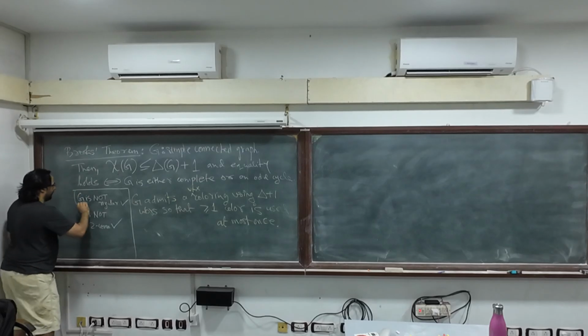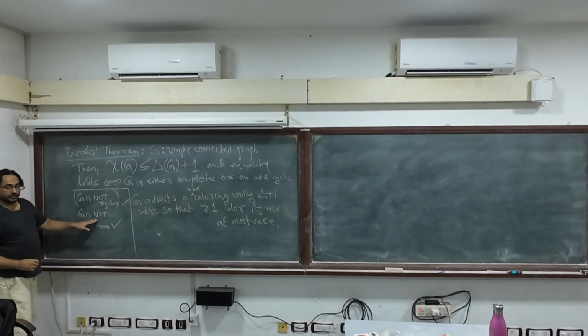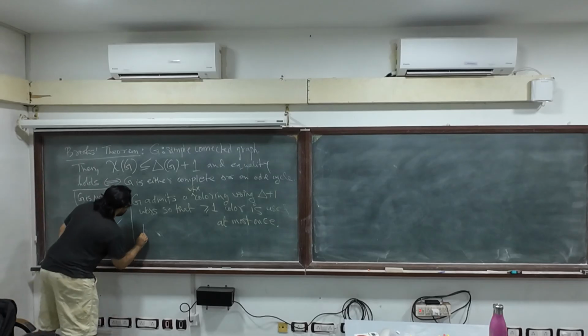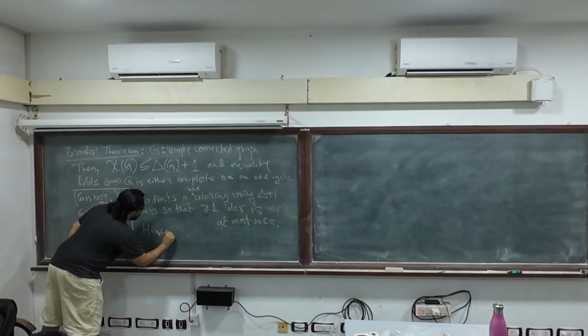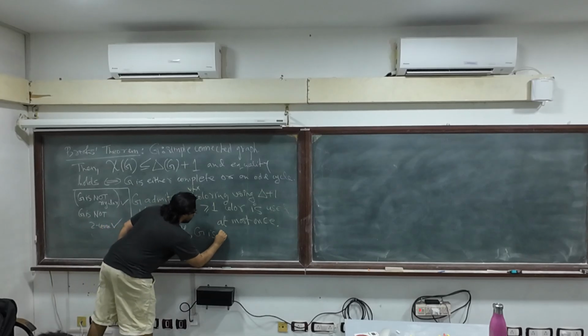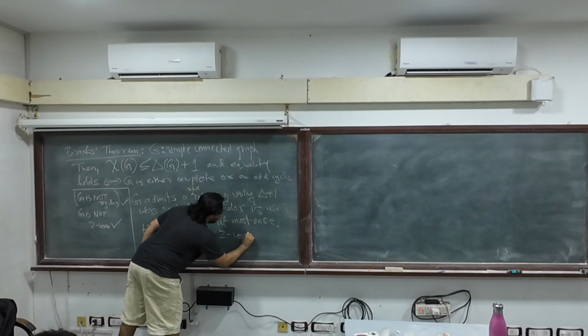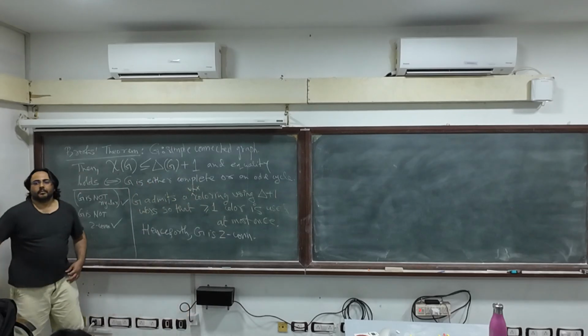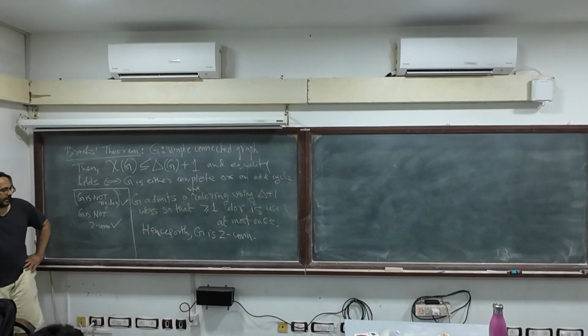I'll put it in brackets. We will just use this fact. Henceforth, G is too connected. Odd cycles and complete graphs are too connected. So we need to deal with the too connected case.